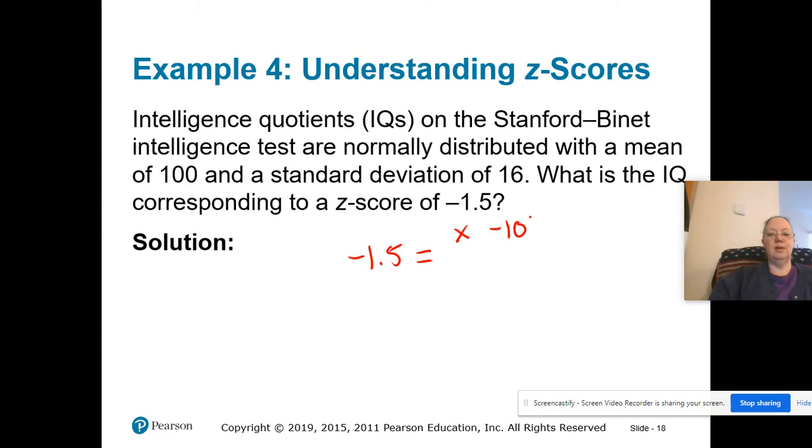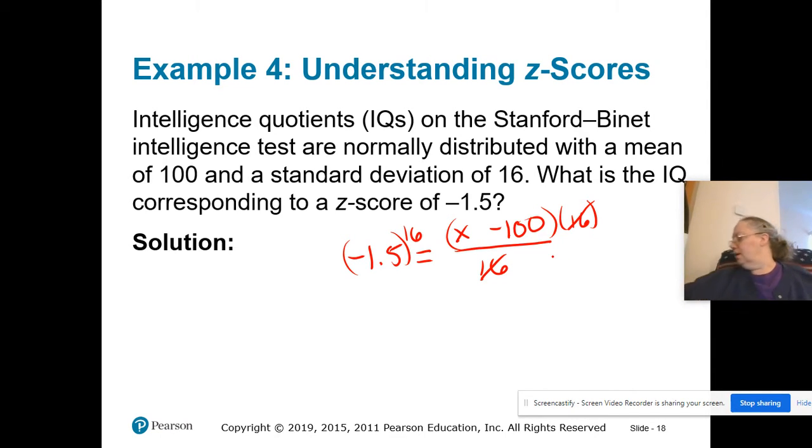We're going to subtract the mean, and we're going to divide by the standard deviation. The way we solve this, because it's an equation, we need to multiply both sides by 16. Multiplying by 16 allows us to cancel that 16 with that 16. So I am going to grab my calculator and multiply negative 1.5 times 16, and I get negative 24 is equal to x minus 100.